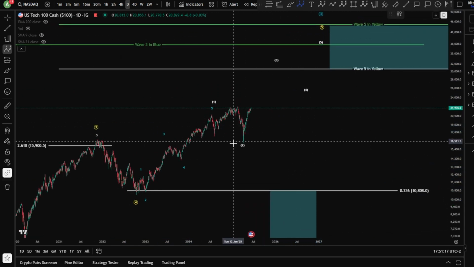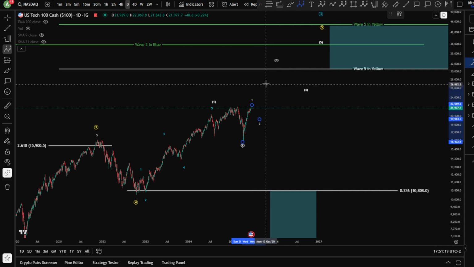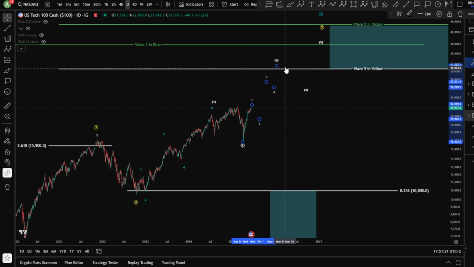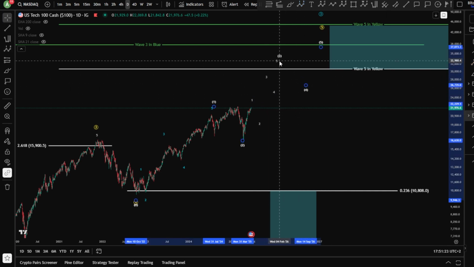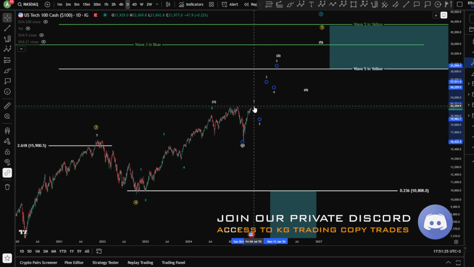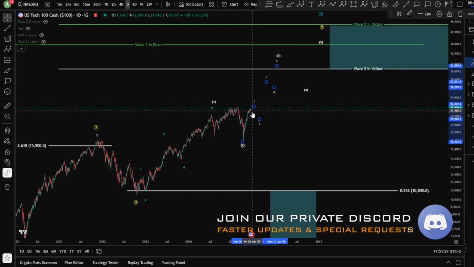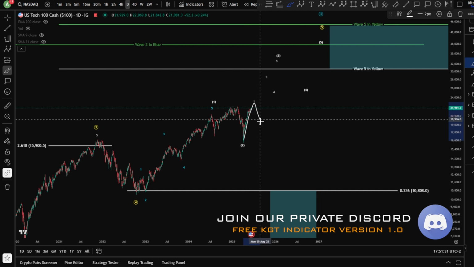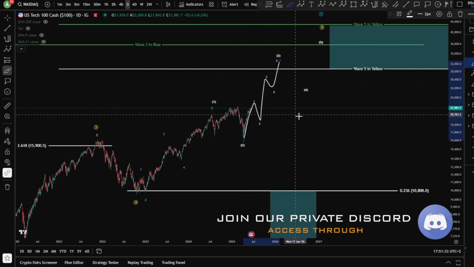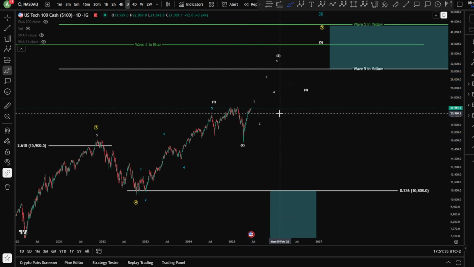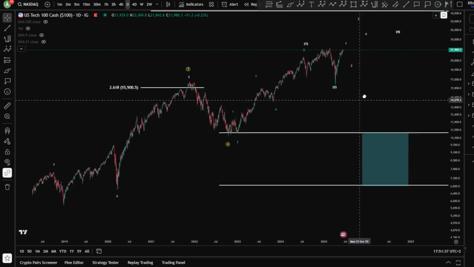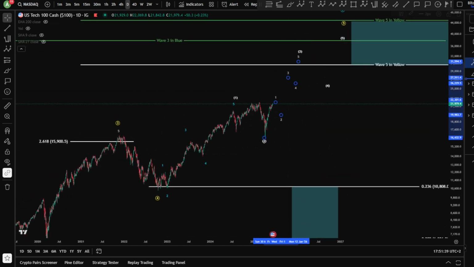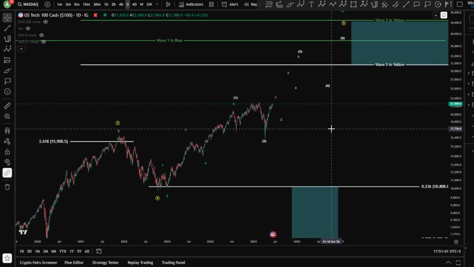Okay, meaning next you are looking for 1, 2, 3, 4, and a 5. Currently, what we are finishing over there, once we get the final wave 5, it's gonna be the wave 1. Okay, so wave 1, 2, 3, 4, 5, continuation for the market toward the upside. Yep, so this is regarding the Nasdaq, the intraday updates.